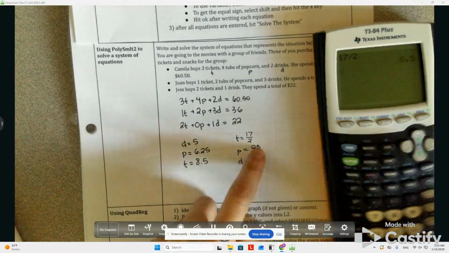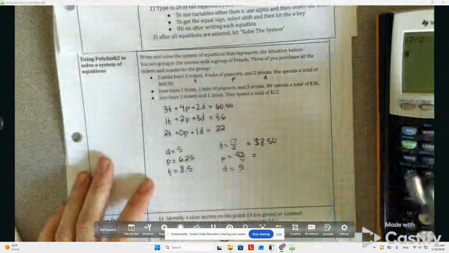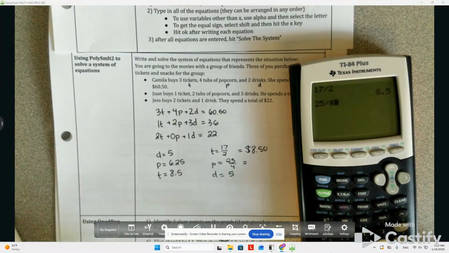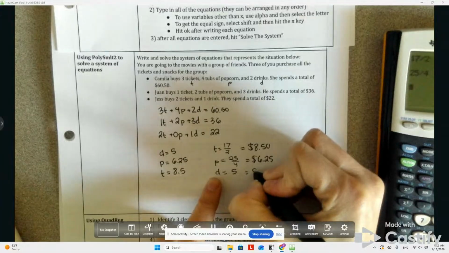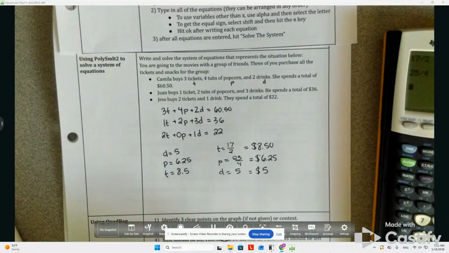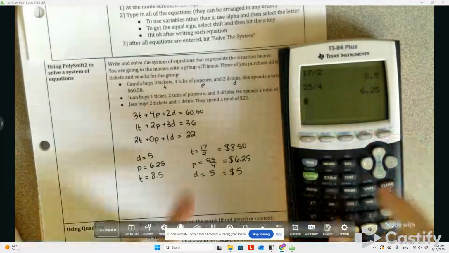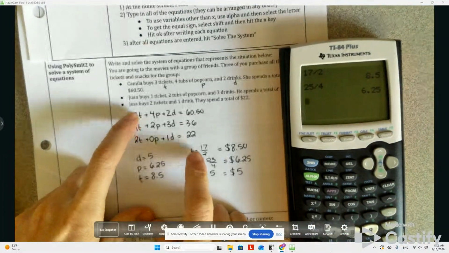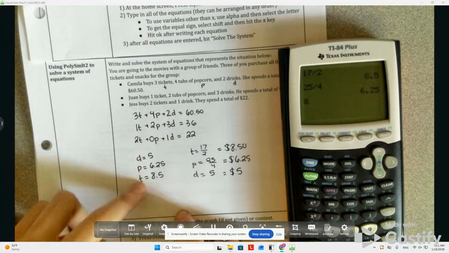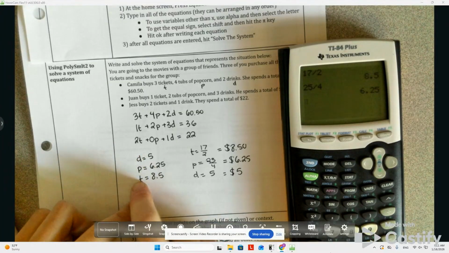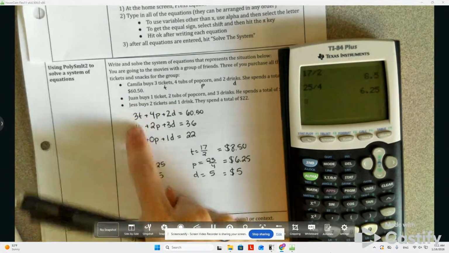So 17 over 2 gets us to $8.50. 25 over 4 gets us to $6.25, and this is just $5. So in terms of the ordering for TI, it's always going to be whatever order you put these in. So it's going to give you T, P, and D in that order. It looks like Numworks, if you use the letters, will give it to you in alphabetical order. If you use X, Y, and Z, it would be in the order that is both alphabetical and what you put in.